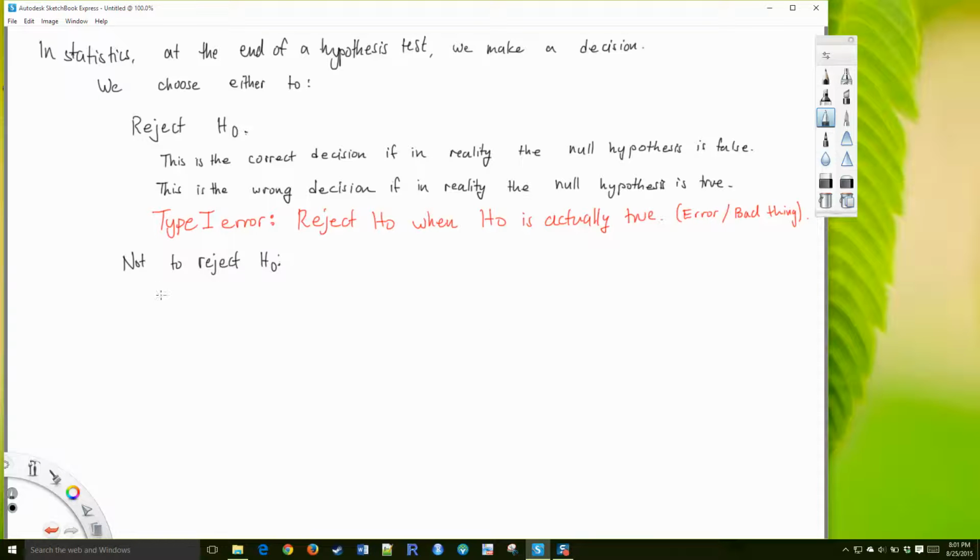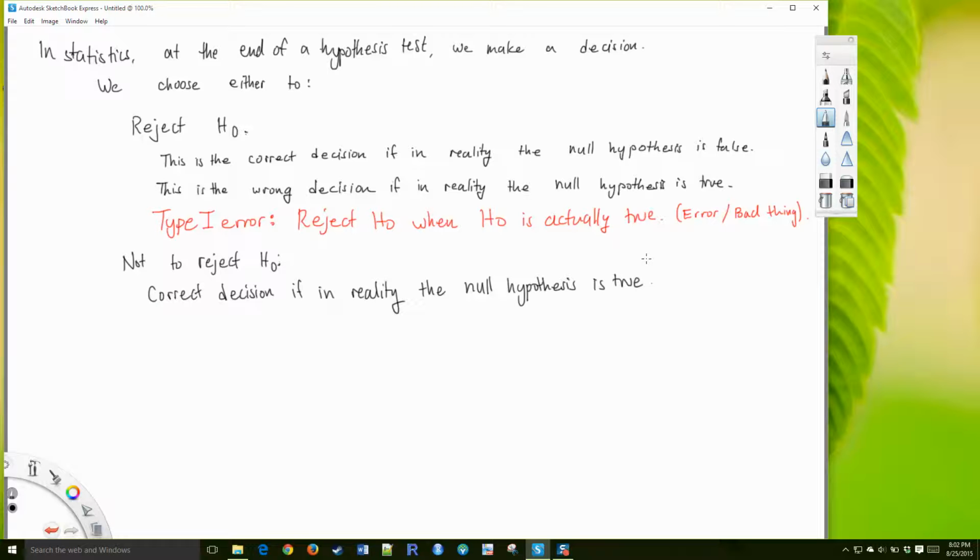If we choose not to reject the null, everything is just kind of flipped around. Correct decision if in reality the null hypothesis is true. If the null hypothesis is true in reality, our decision should be not to reject the null.